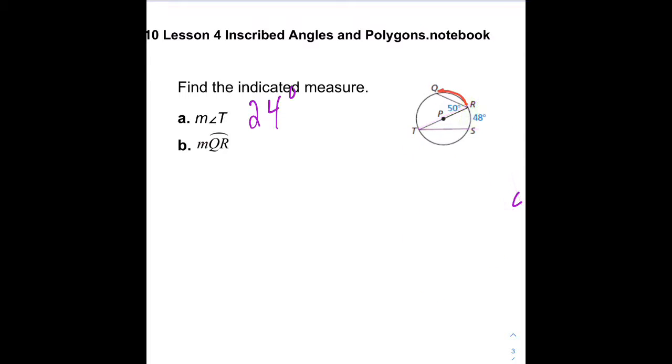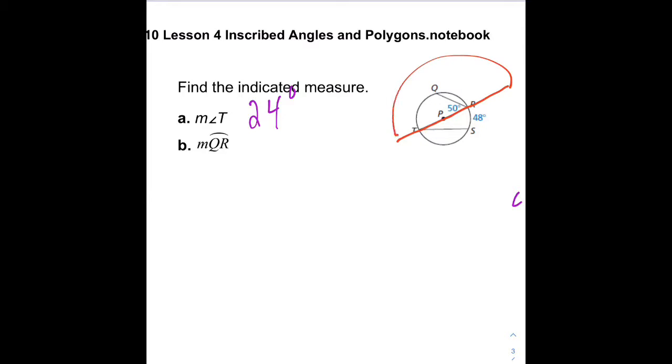All right, so for part B, they want us to find the arc of QR. And what I notice is there isn't anything in the picture that either has a central angle or an inscribed angle that cuts that off. What I do notice, however, is that this is a semicircle.